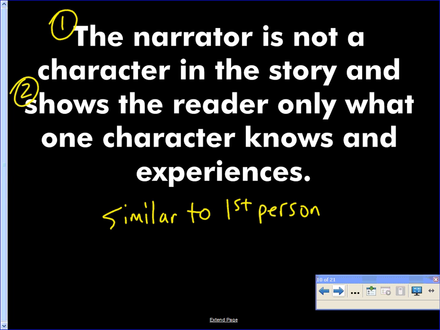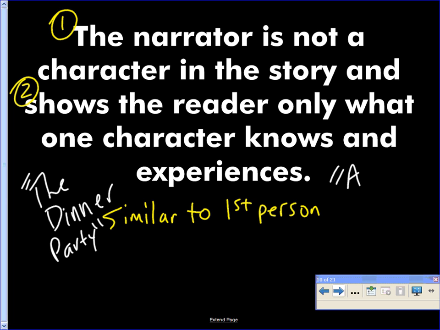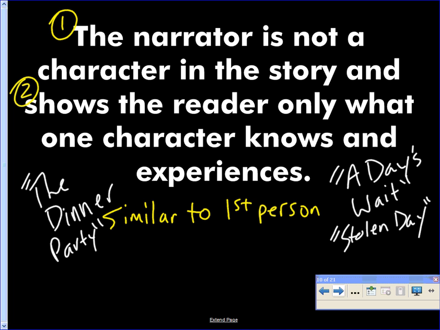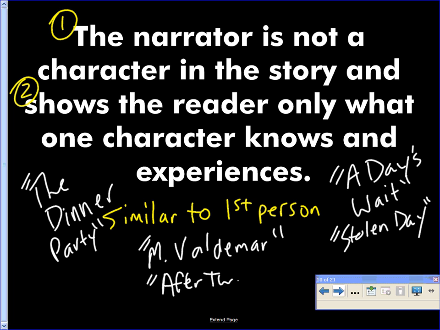And so you can have examples like The Dinner Party, like A Day's Wait, like Stolen Day, like The Facts in the Case of M. Valdemar, like what we read yesterday, After 20 Years.